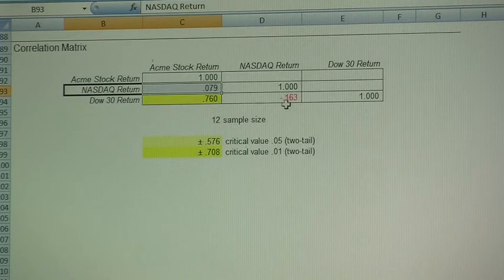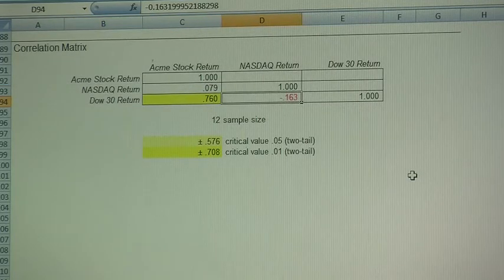And notice here, not surprisingly, that the Dow stocks and the NASDAQ stocks are either not correlated, or if we had a bigger sample size, we would show that they're weakly negatively correlated. All right.